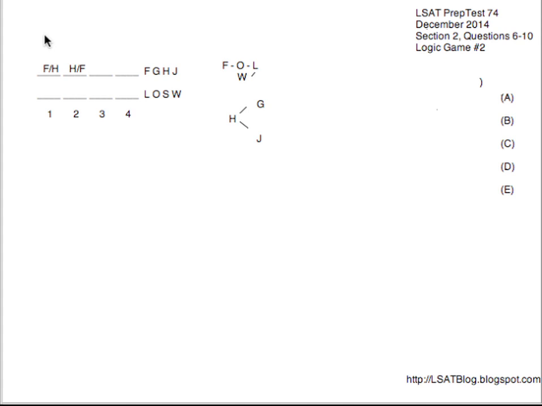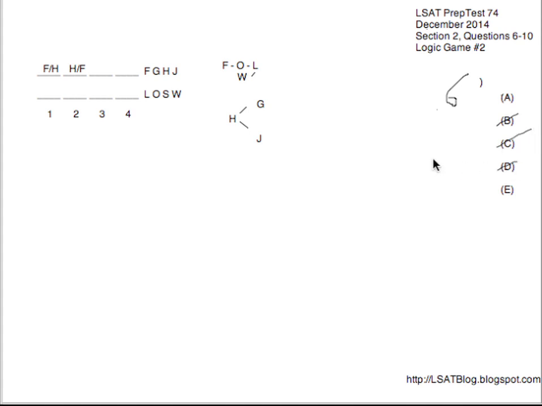So let's go ahead and jump into the questions, starting with number 6. Now number 6 is just a simple orientation question. We'll take one rule or inference at a time and apply it to all 5, looking for violations. We can start with the inference that the first or second historian always has to be either F or H. Scanning through the choices here, we see that B, C, and D all violate this, so they can automatically be eliminated.